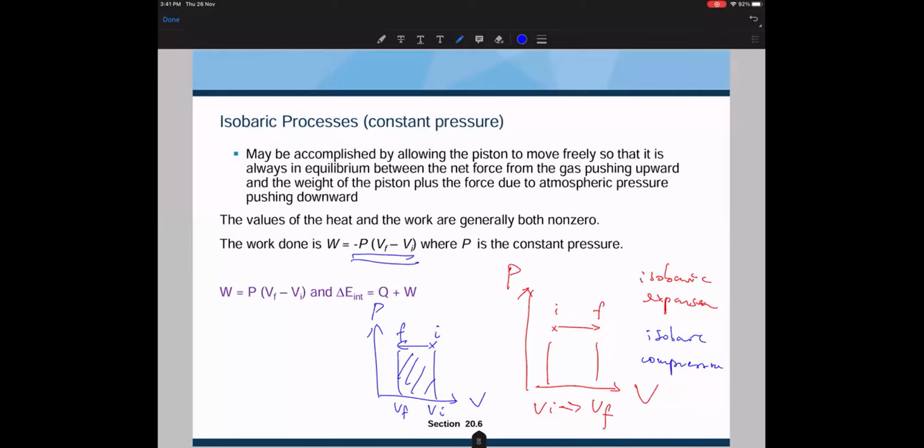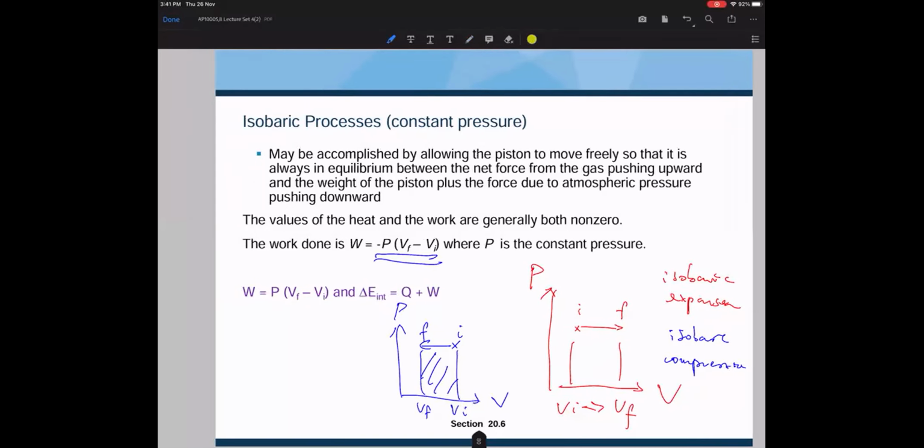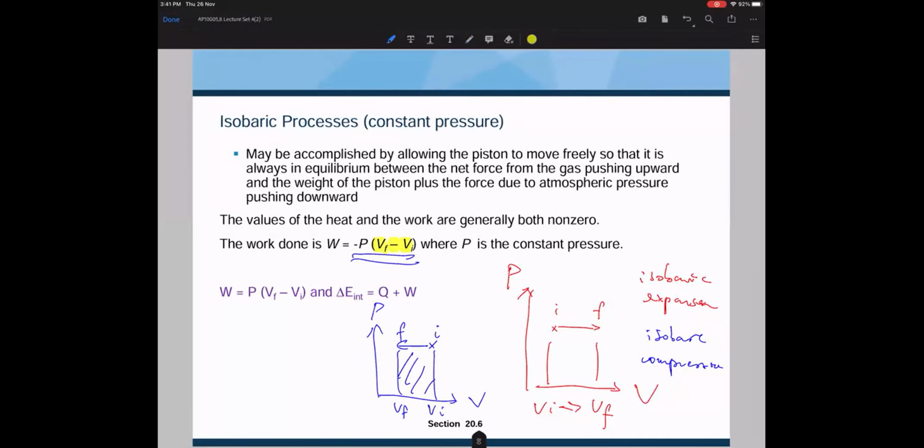So VF is small, VI is large. The term at the back, negative. This term, negative. P is positive, it's always positive. And so negative P delta V would give you a positive work done in the isobaric compression. Isobaric expansion is having a negative work done because the gas has to expand against a surrounding pressure.